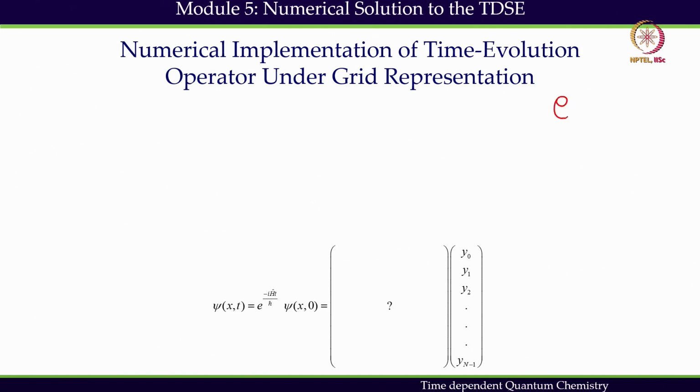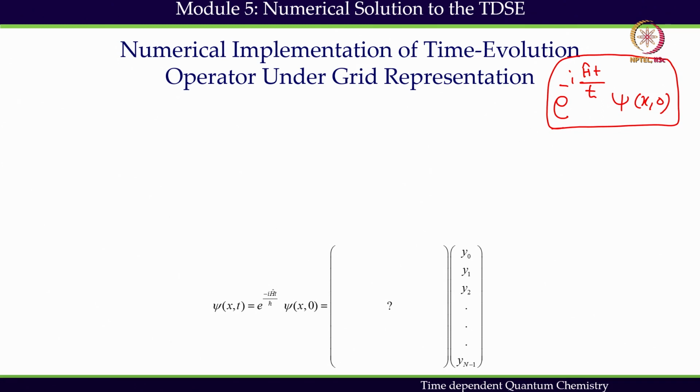So, I have e to the power minus i H cap t by h cut, then I have psi x 0, and this is the part we have to numerically implement. As the time evolution operator is an exponential operator, its numerical implementation requires a method of calculating the matrix exponential.